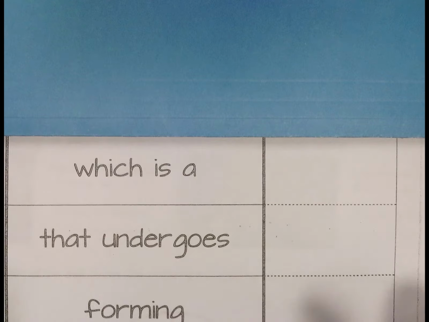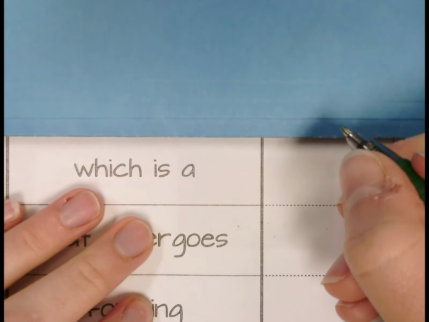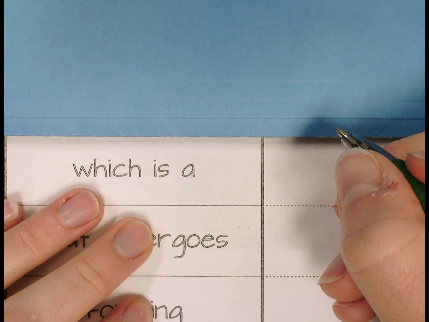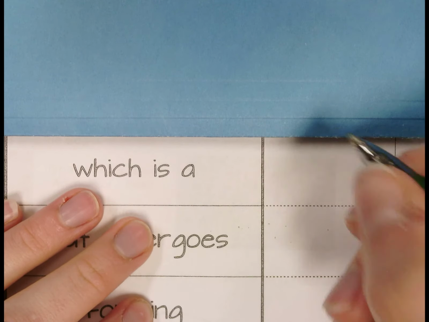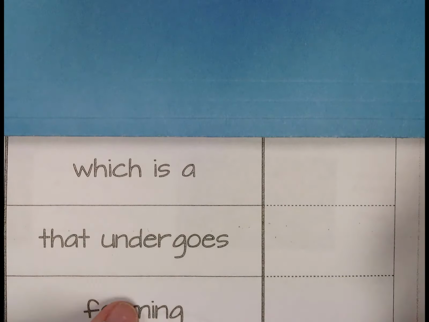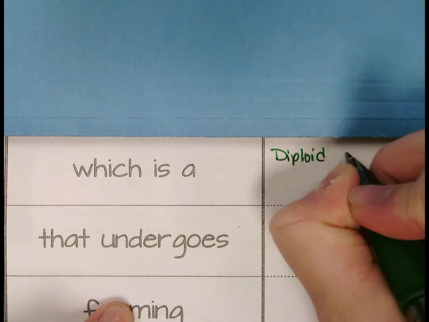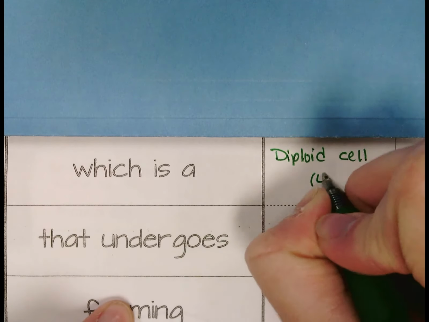While the meiosis, so the gamete-producing cells, the little egg and sperm, is also a diploid cell. It's going to start off as having the full 46.